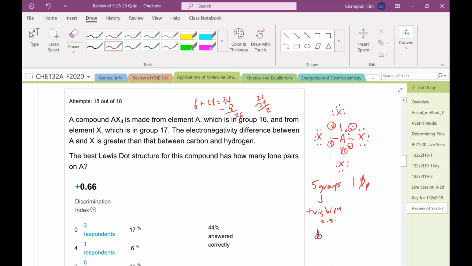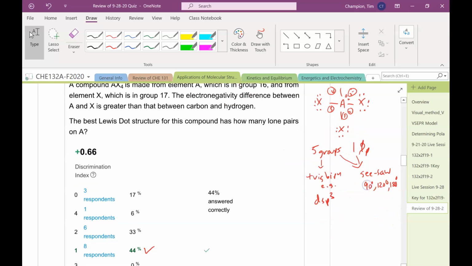It is going to have a dsp3 hybridization. The fact that one of those groups is a lone pair in the trigonal bipyramidal system means we get the seesaw structure. Bond angles are going to be 90, 120, and 180 still.